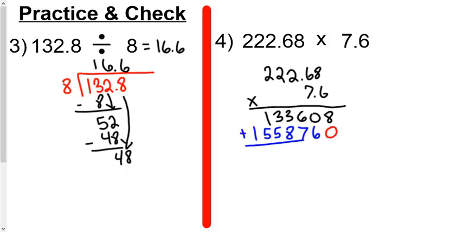And we're ready to add these all up now. Don't forget your decimals. And there we go. 1,692 and 368 thousandths.